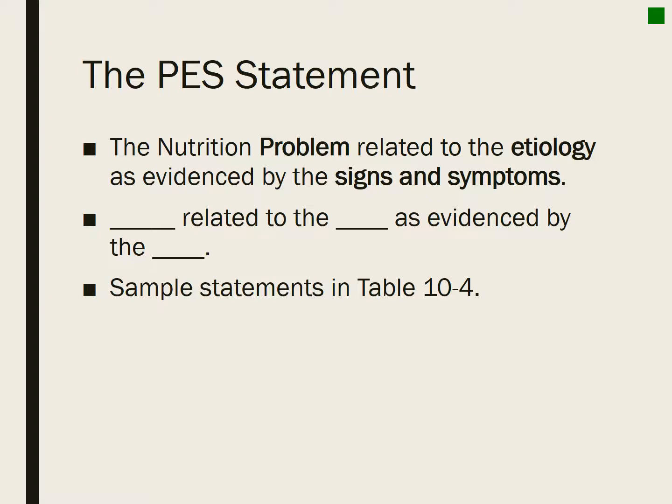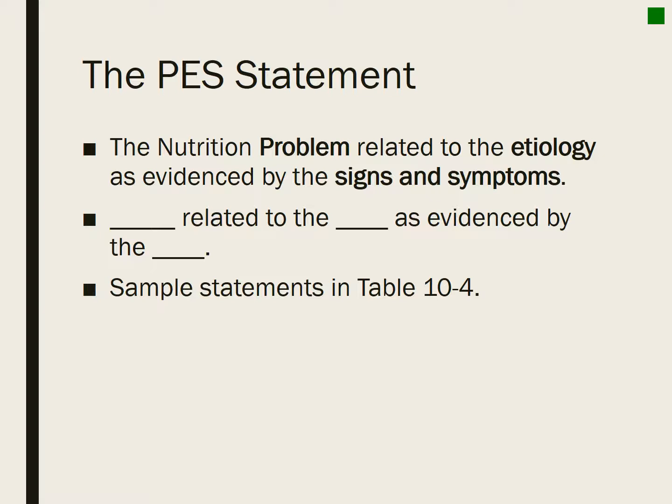The PES statement: the nutrition problem related to the etiology as evidenced by the signs and symptoms. The problem refers to the patient's altered nutrition status as determined by the nutritional assessment. So we're looking back at what we did and determining a problem from that.